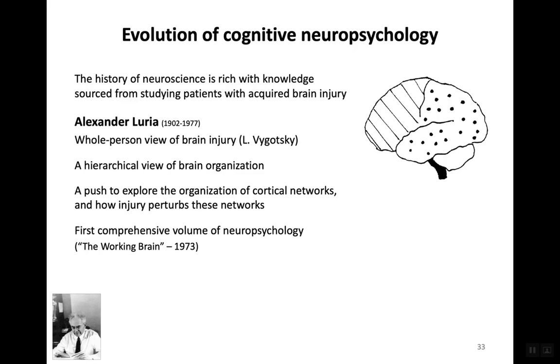Luria is also responsible for the first comprehensive volume of neuropsychology. And I should mention this, cognitive neuropsychology is an important field with which we have already come in touch during this lecture that concerns the study of brain injury and its impact on cognitive function.